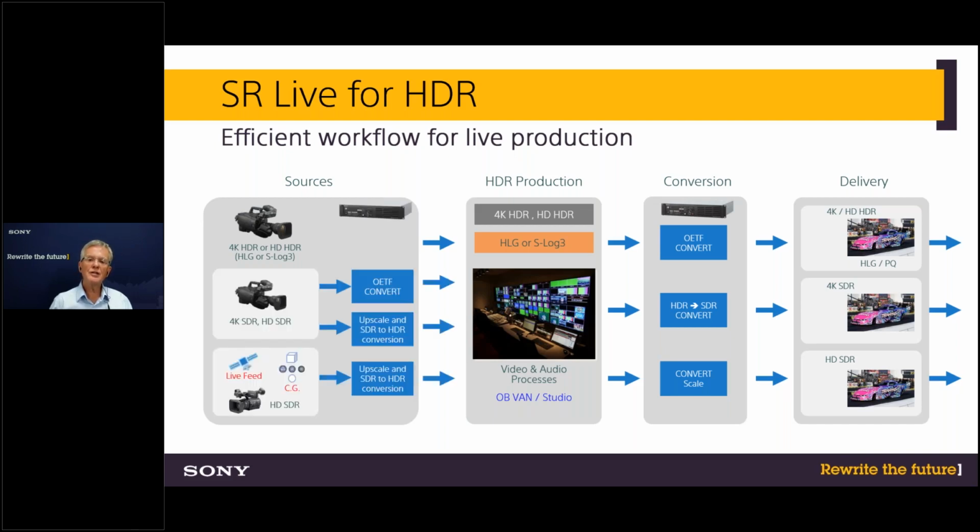Or we could have cases where we do need to convert. So we could have graphics or live feeds or server replays that may require their transfer function, their OETF, or their resolution, or their color space to be converted. And this is where the HDRC 4000 converter comes into play again.